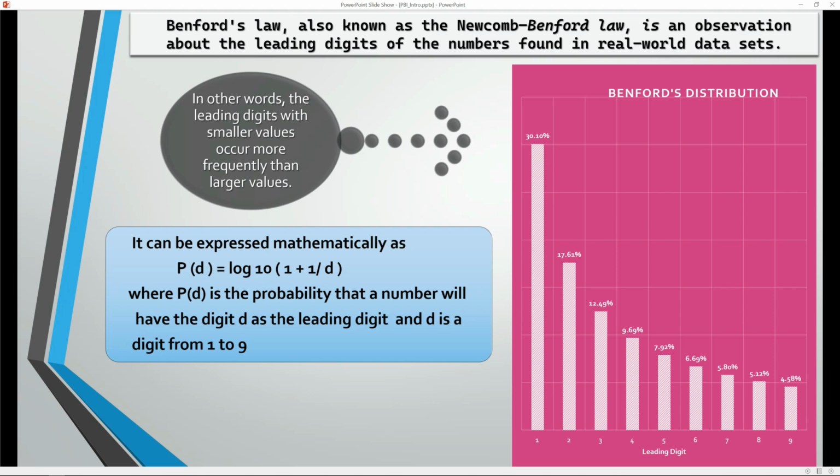But in pre-assigned datasets like telephone numbers or social security numbers, there is a minimum and maximum, a threshold. In those types of datasets you cannot apply Benford's law because it is a single order of magnitude dataset. So the dataset has to be large enough, it has to be naturally occurring, and it also has to have several observations. Those are the basic conditions the dataset should meet. Only then can you test Benford's law.